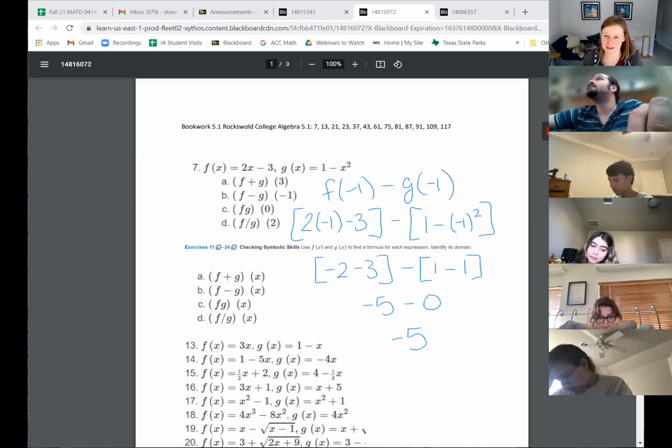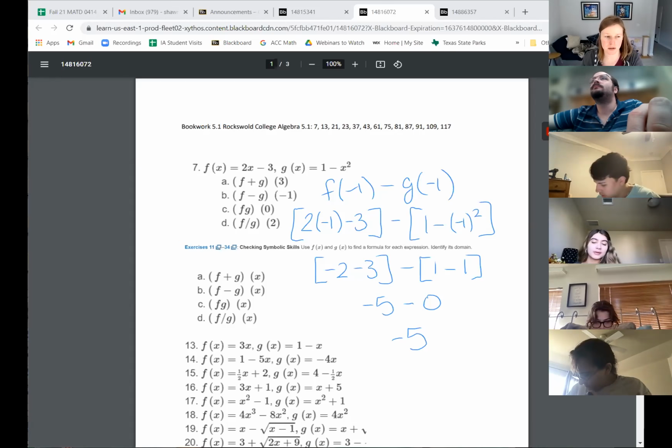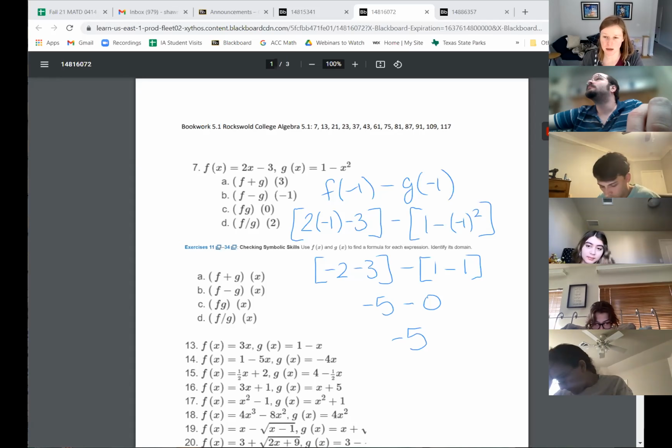All right. Vanessa, you ready to do the next one? I wasn't sure how to do that one. Which piece? Are you not sure how to plug in the number? Yeah, I wasn't sure how to plug in the numbers for this one. Do you see how Jade plugged in the -1 for this problem? Here's her -1 and here's her -1.